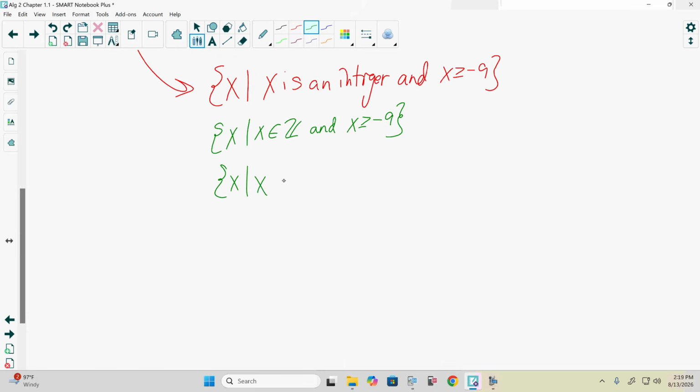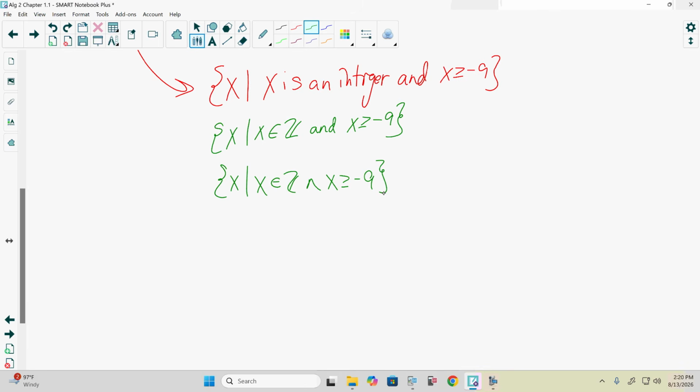X is an element of the integers and that thing that looks like a tent or the caret key for doing exponents. In set builder or in proofs, that is and. That's a way that we can write and. Flip it upside down, it'd be a little v, that's or. So many ways to write this, yes?